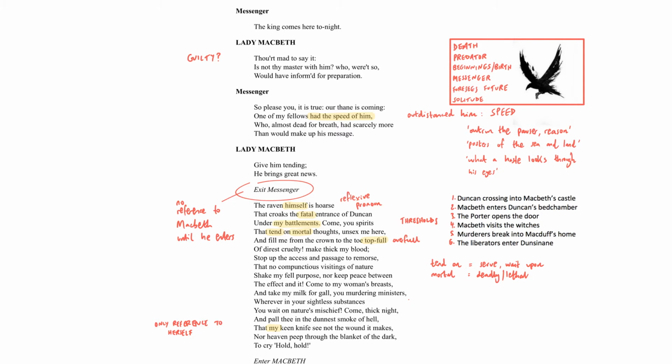Now what she asks for is for them to try to stop her conscience working. So "make thick my blood, stop up the access and passage to remorse, that no compunctious visitings of nature shake my fell purpose." Blood here is being used as an image of the heart no longer working.